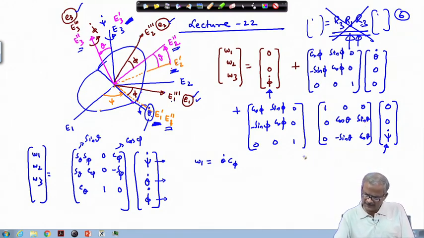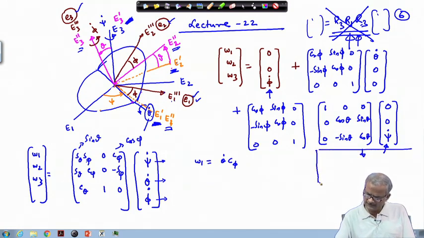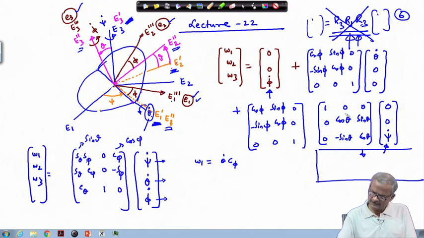And this part I will write here in short. This is 1 here 0 0 0. So, this vector will get resultant into 0. From here this is 0 0 psi dot S theta, okay.